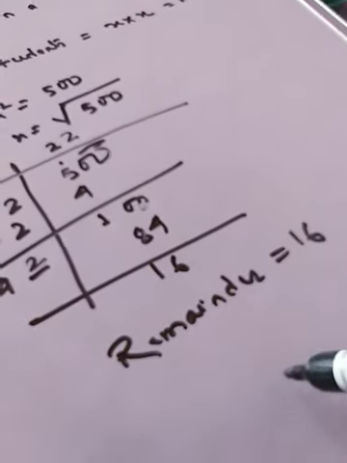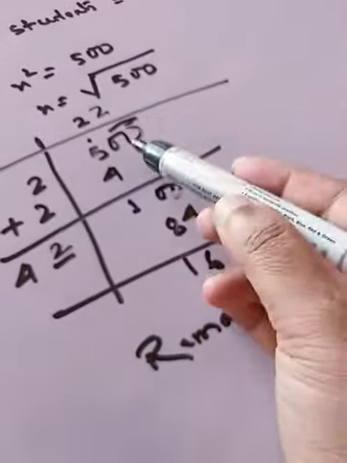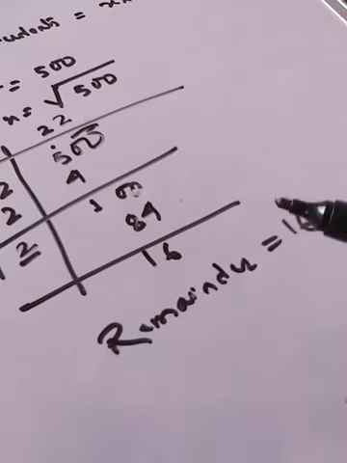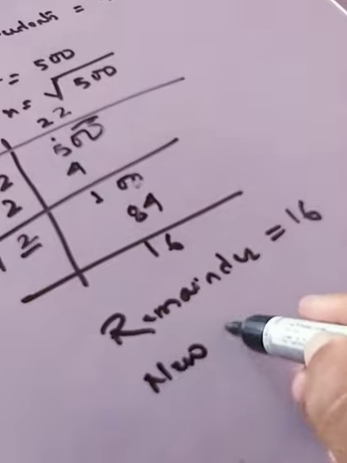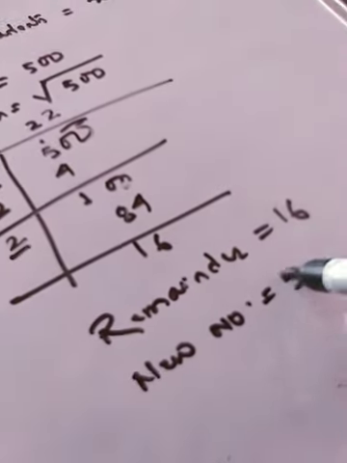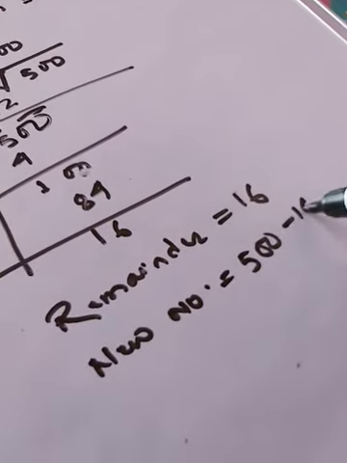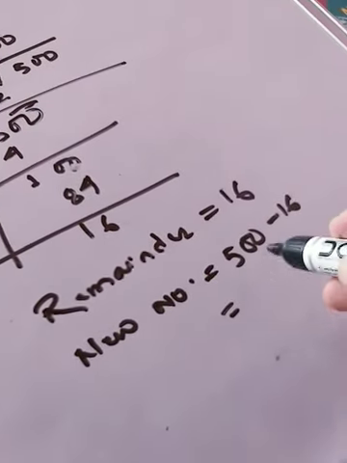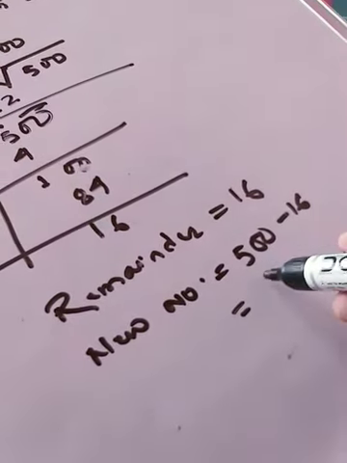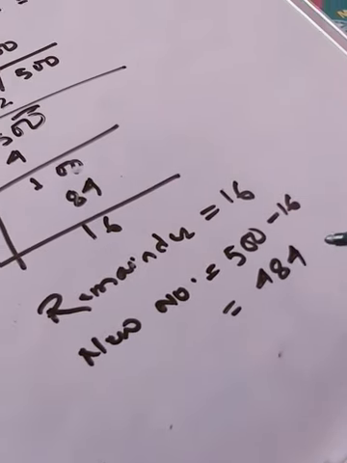So if I have to make this number a perfect square number, how to make it? We'll write the new number equals 500 minus 16, because we have to do the subtraction process. I hope you remember question number 4. So the answer would be 484.